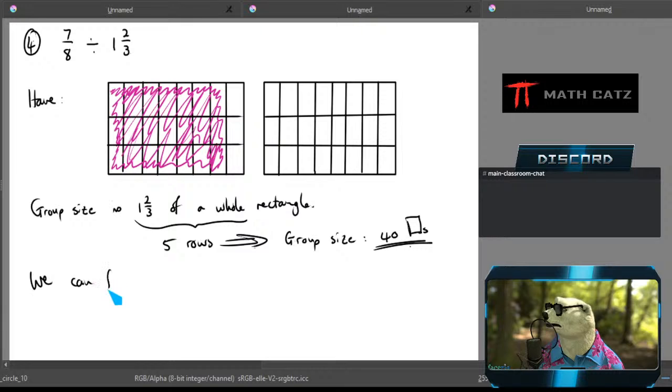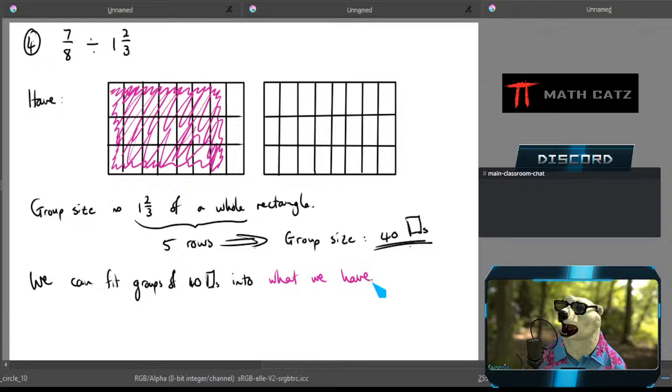We can fit groups of 40 pieces into, emphasize, what we have. Well, as I suspected originally, no, my group size is too big. I don't have enough. You can double check.